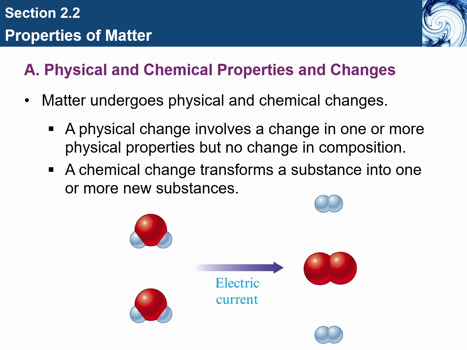Because the substances present after the change are different from the starting substance, this is a chemical change. Atoms are not created or destroyed in this process. We'll talk about why that's important. Instead, the atoms are reorganized into new combinations. The production of new substances is the defining feature of a chemical change.